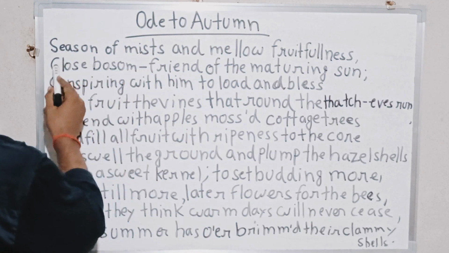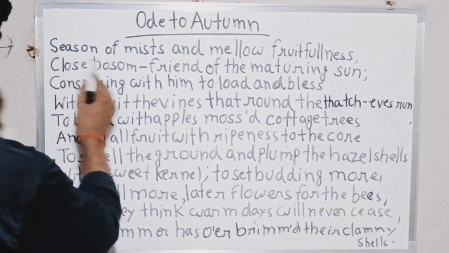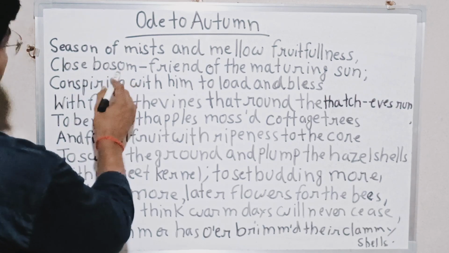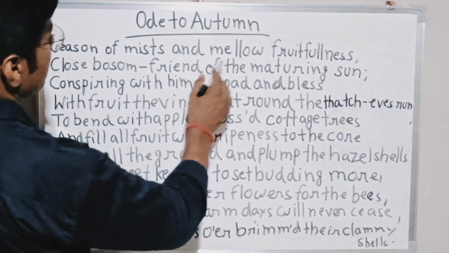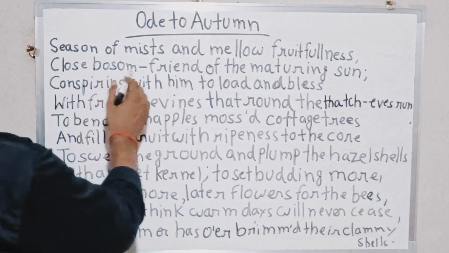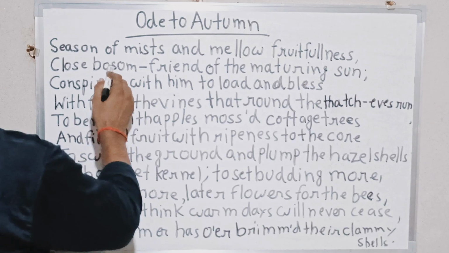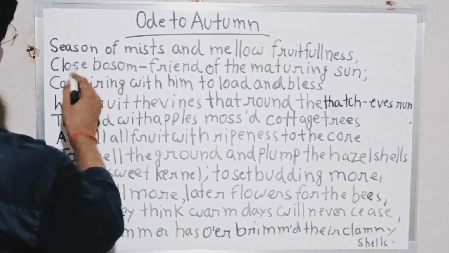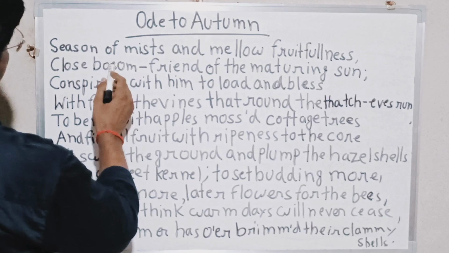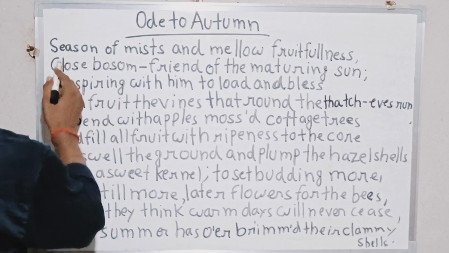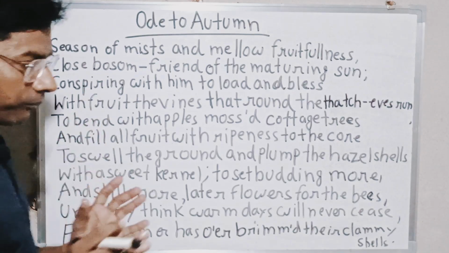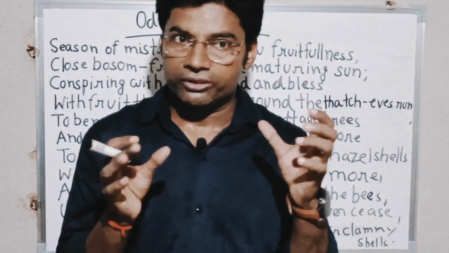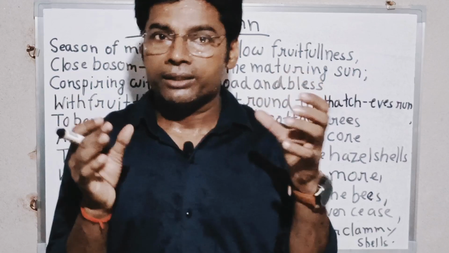Close bosom. Close means very close, and bosom also means very close, so close bosom means best friend. The two words almost mean the same, but they are used only for emphasizing the relationship between autumn and the sun.